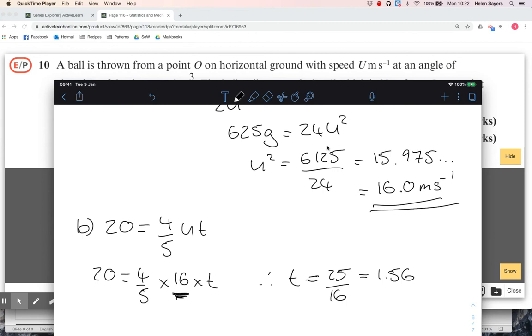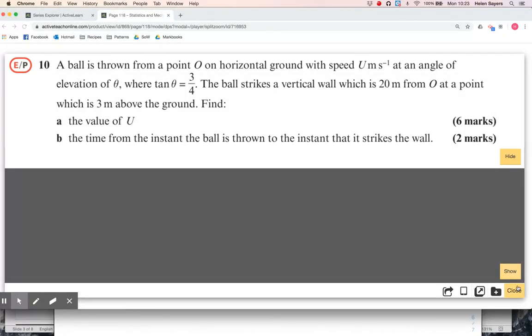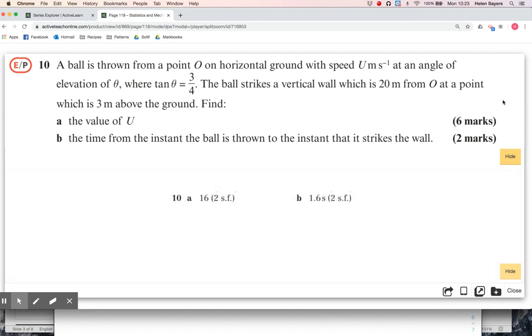And I did use G. Oh, so in fact, yeah, so going back to this answer, it doesn't actually change the value, but I should, as I think they had in the book, have given that to two significant figures because I was using G to two significant figures. So same here. It doesn't make sense for me to try and give it to three significant figures, so that is going to be 1.6 seconds. And I think we saw that as the answer, but let's just double check. Yep, we're good.